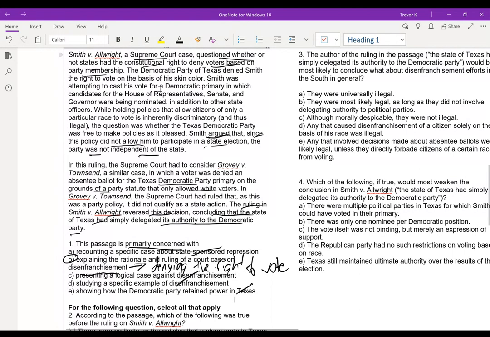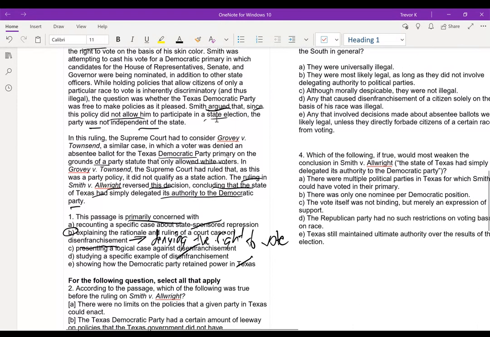Smith was attempting to cast his vote for a Democratic primary in which candidates for the House of Representatives, Senate, and governor were being nominated in addition to other state officers. And then this is about his argument. So what was happening before this ruling is he had been denied the right to vote on the basis of his skin color, and he was attempting to cast his vote for a Democratic primary.